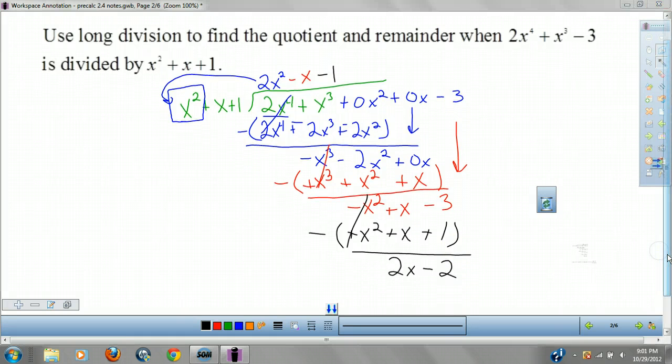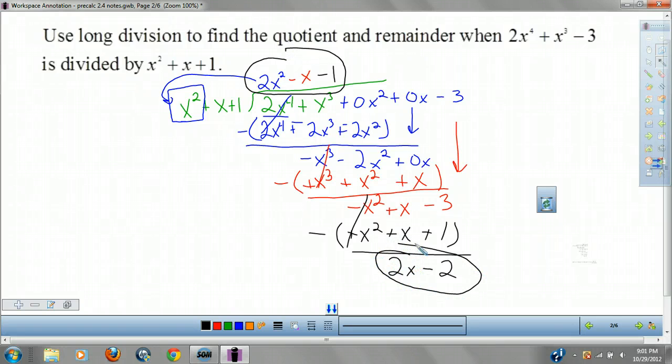And now I gotta ask myself, how many times does x squared go into 2x minus 2? Well, it doesn't. So we're done. This is our quotient, and this is our remainder. Okay, guys? By the way, make sure you're watching this because this example is definitely noteworthy.